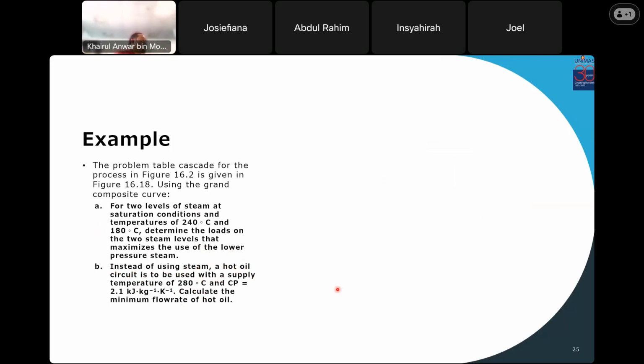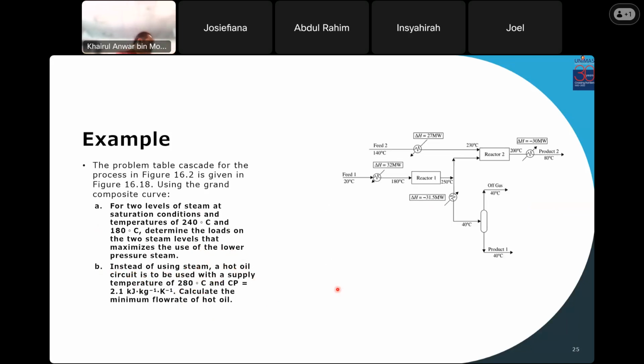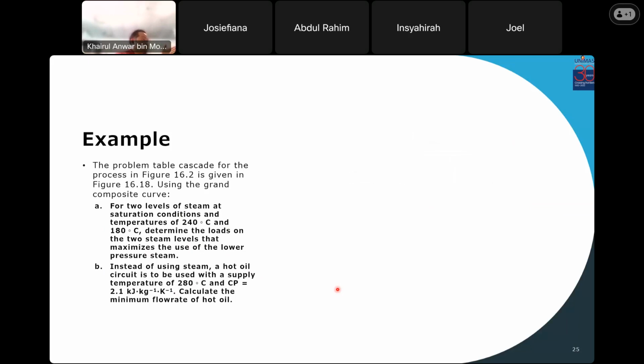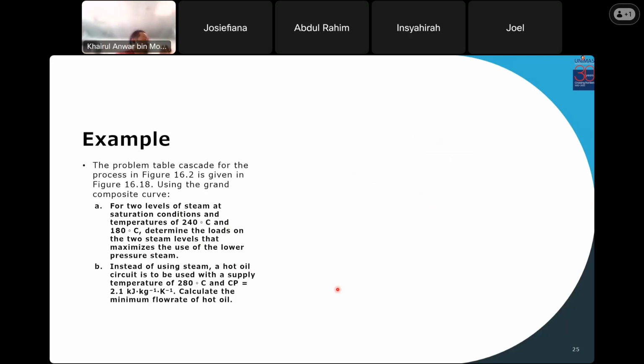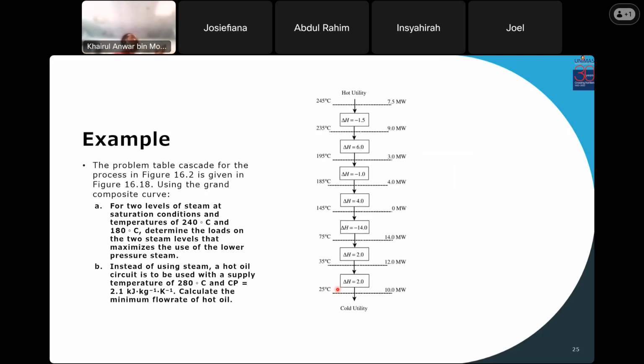So from this process, we need to compile all the temperatures first. Then calculate the shifted temperature. For this case, if we use delta Tmin equal to 10, so shifted is by 5 degrees C. Then calculate the delta H interval.